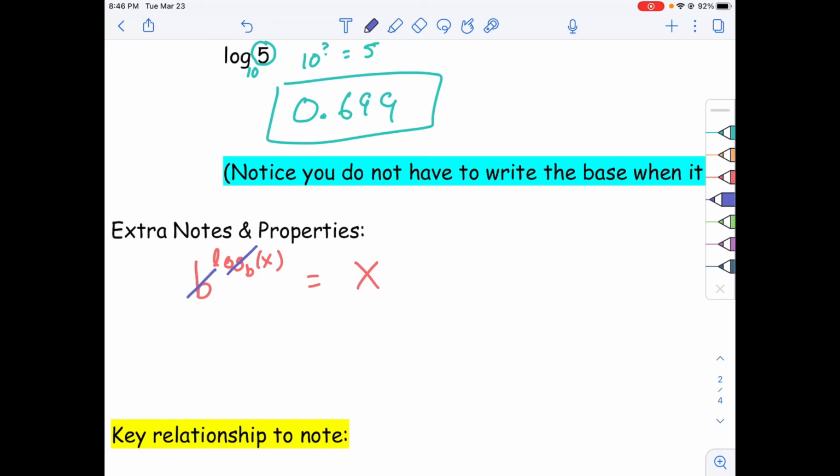The only thing that you would have left is just an x. All right. This can also go the other way, where if you had log base b of b to the x, this log base b would cancel with this b here, and you would just be left with x.